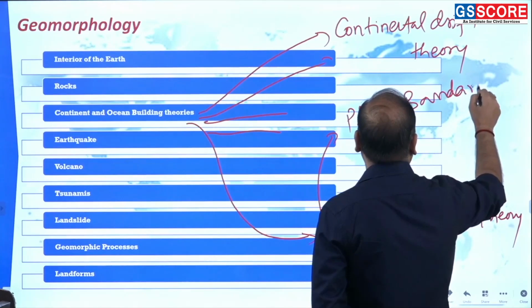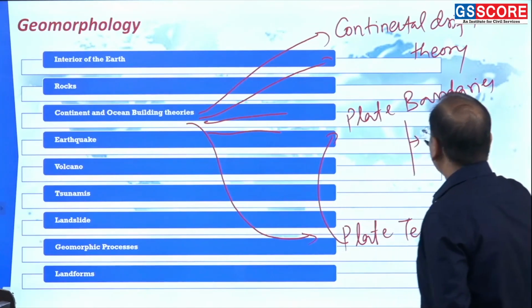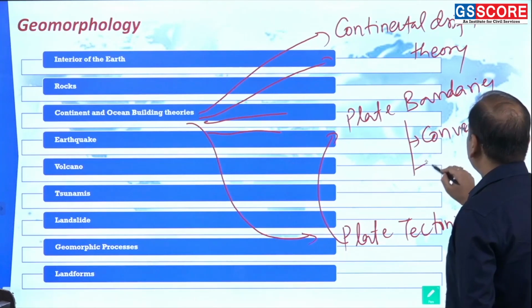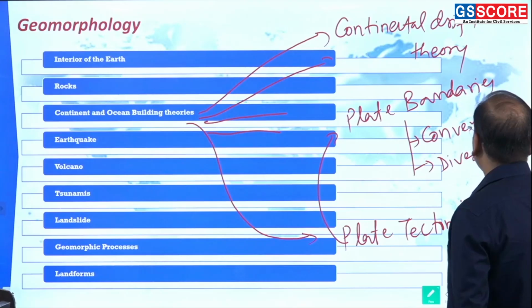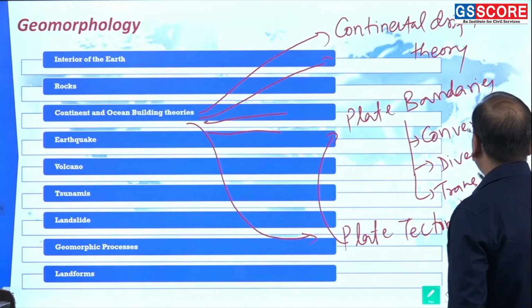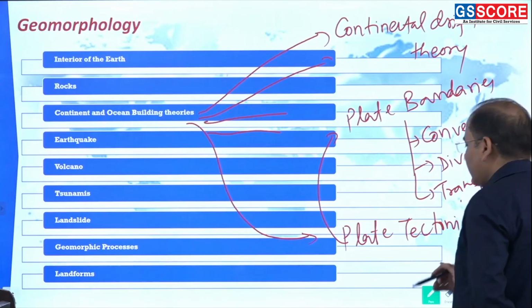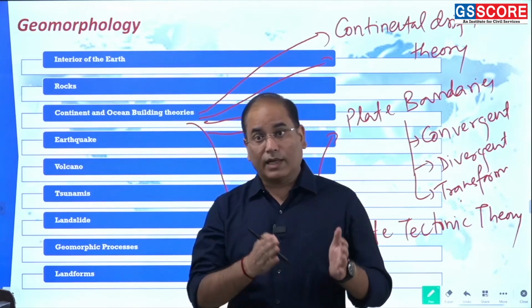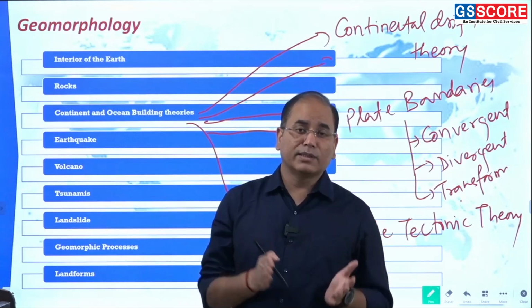Not only the different types of plate boundaries like convergent, divergent, and transform, but also the different landforms associated with these boundaries. What happens in case of convergent, what happens in divergent.